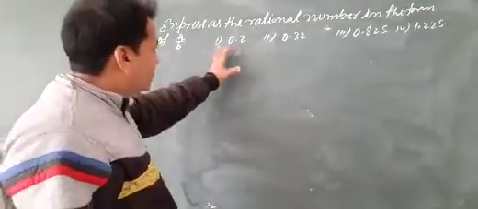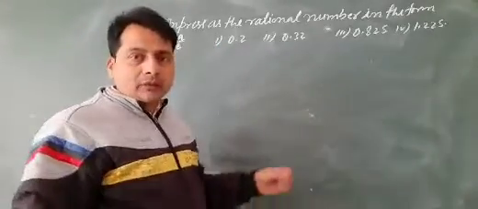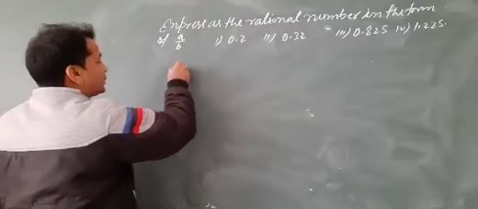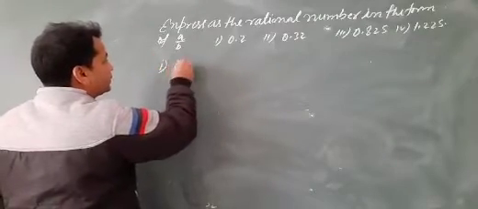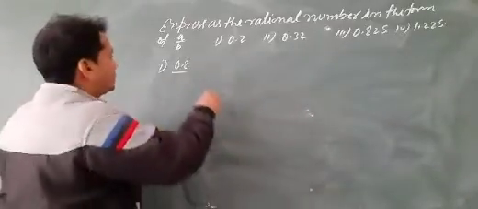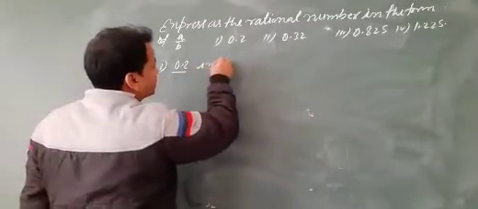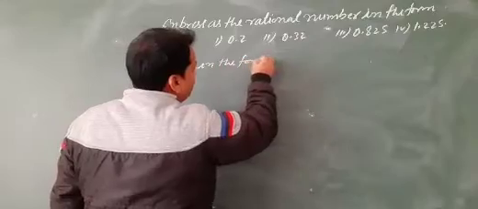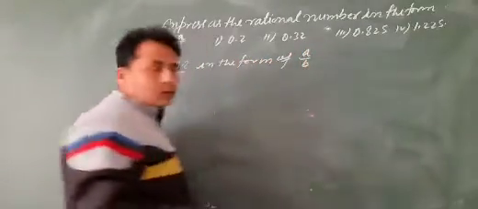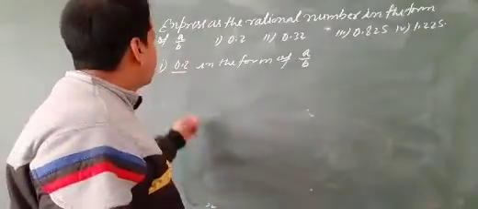The first question is 0.2. Write 0.2 in the form of a by b.